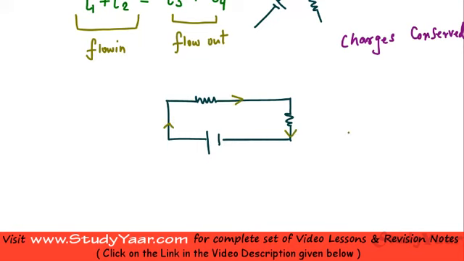If you consider this as a node where two resistors are connected, then as per the KCL on this node, your current I1 which is entering should be equal to your current I2 which is exiting. Therefore I1 is equal to I2, or in other words, when you have resistors connected in series, the same current flows through them.